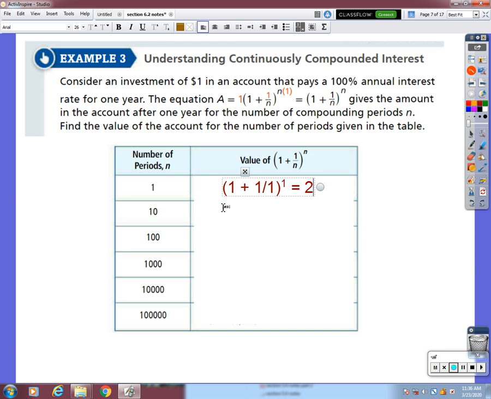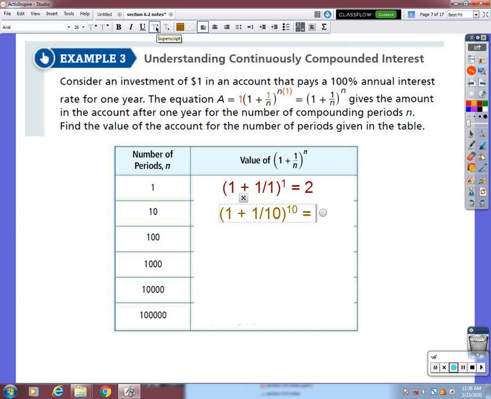All right, now let's say we do this 10 times a year. So now I'm going to go 1 plus 1 divided by now 10, and then I'm going to do this to the 10th power.